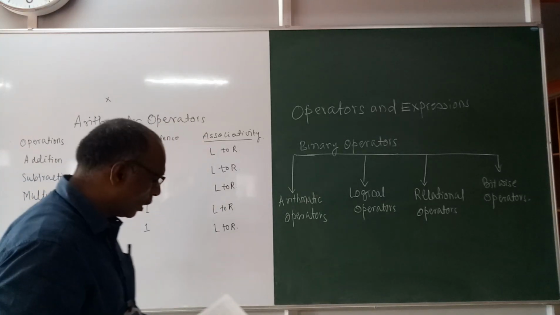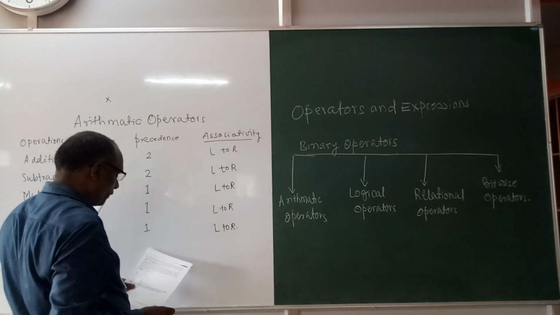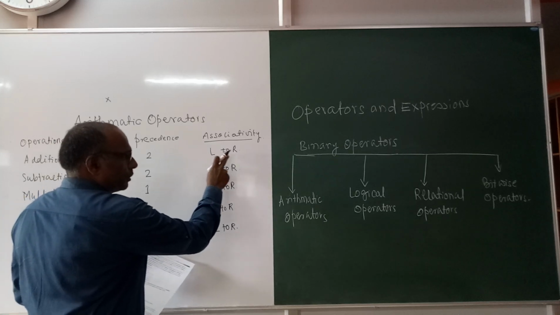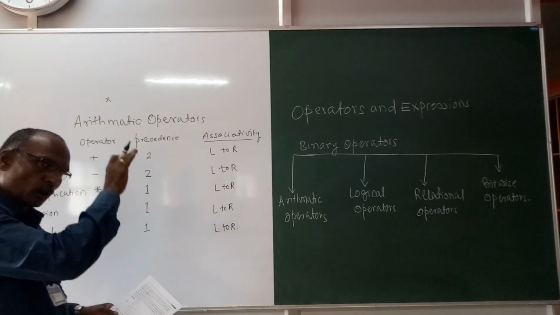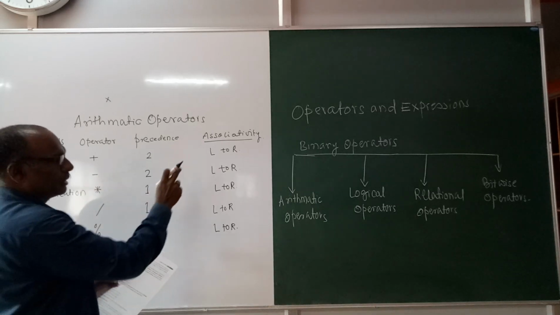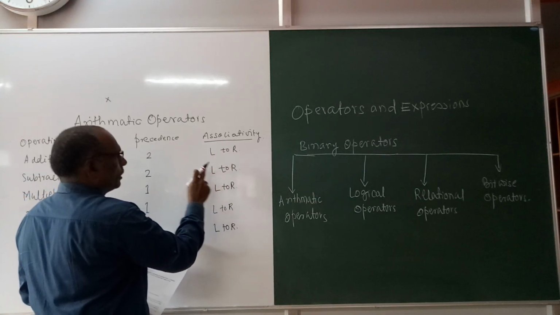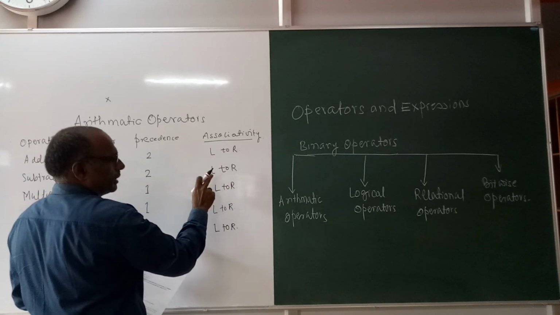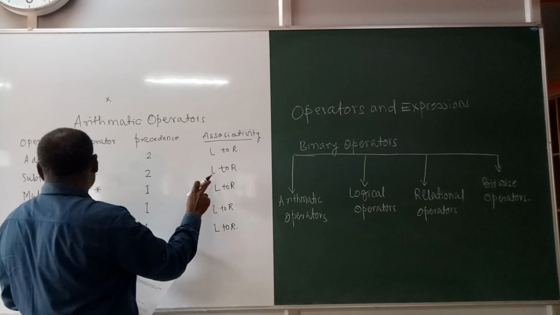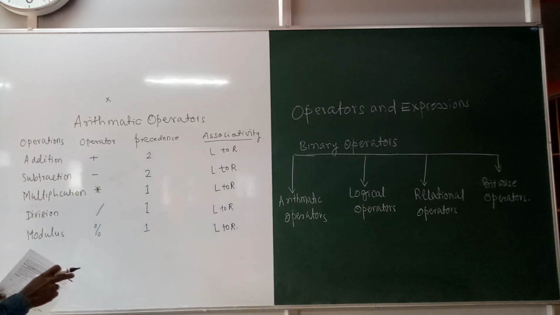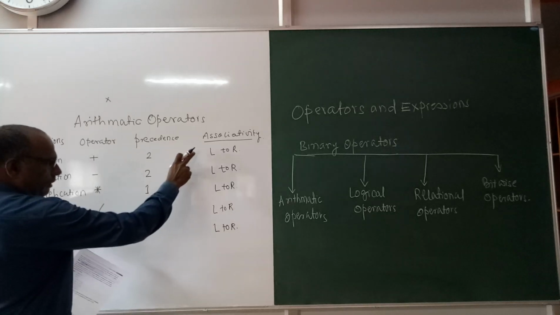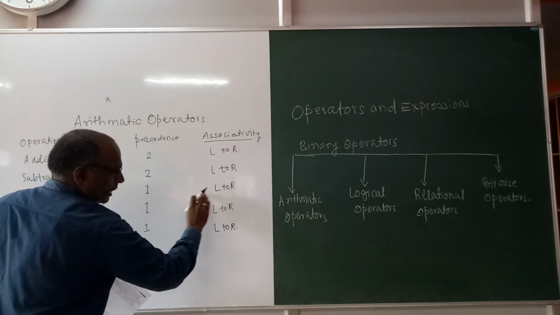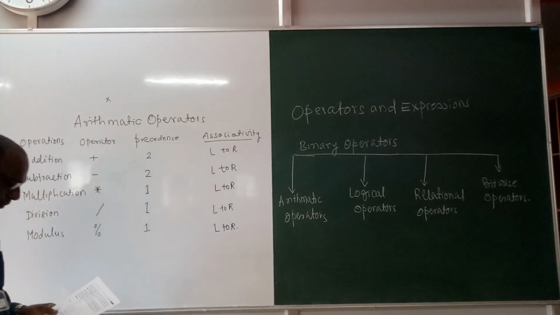Normally it is left to right or right to left, not top to bottom or bottom to top. For the plus operator, that is the addition operator, always it is left to right. For multiplication, division, even for subtraction, even for modulus, the associativity is from left to right only. Please remember this.